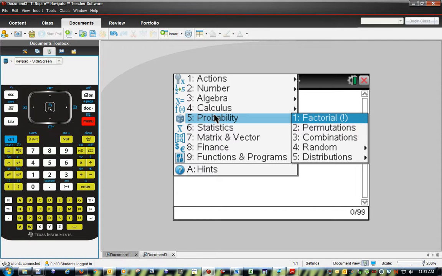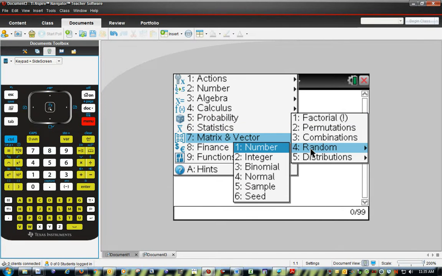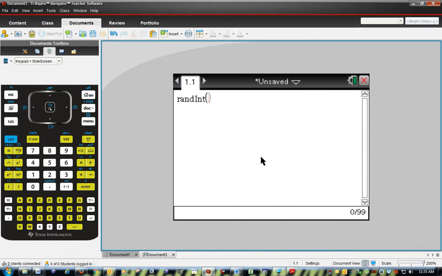And then I want you to go to random, which is number 4 in this case. I don't want just a random number, because then it'll give us all sorts of different numbers, decimals and everything. I want a random integer.